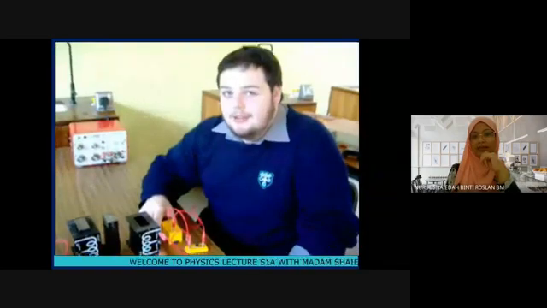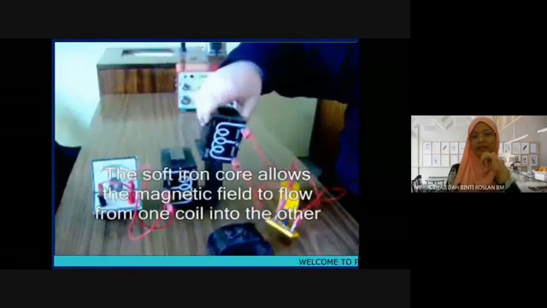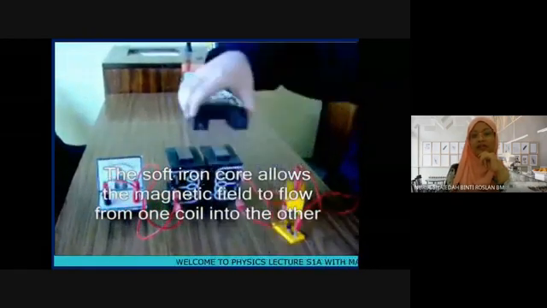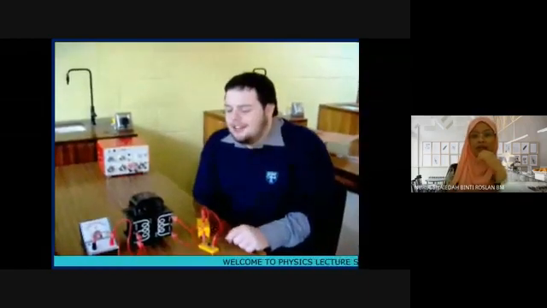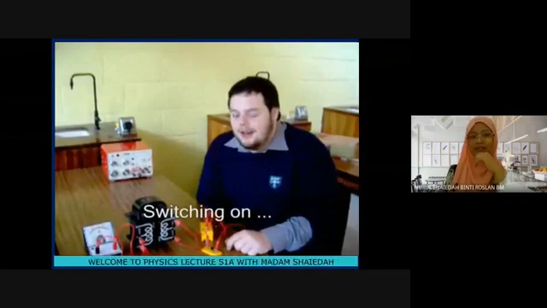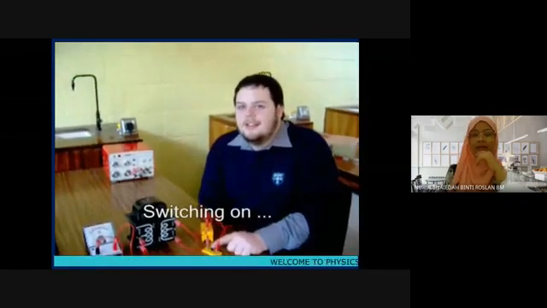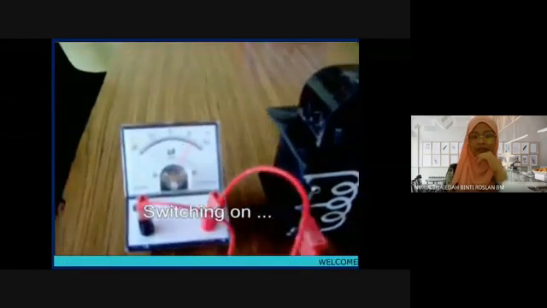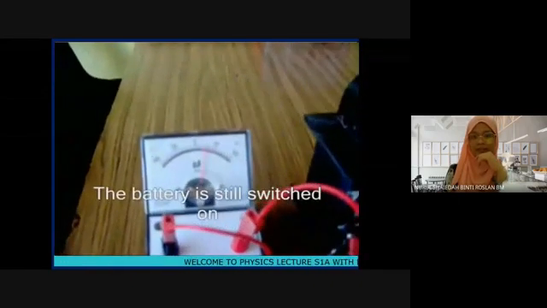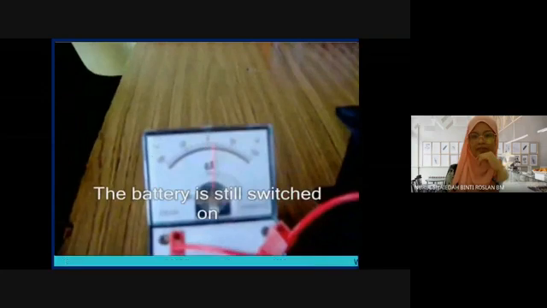Okay, ni ada. One is connected to a battery. Ni battery dia. Okay, ni mutual inductance. So if you look at here, dia connected lah. Dia close, very close. Okay, dia kata dia switch on the battery. So what happened? When the battery is on, tengok. Dia daripada maksimum pergi zero.